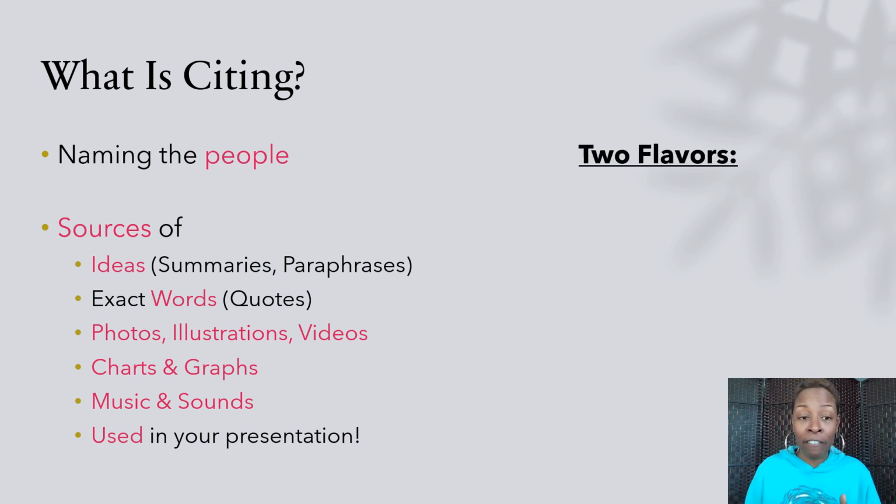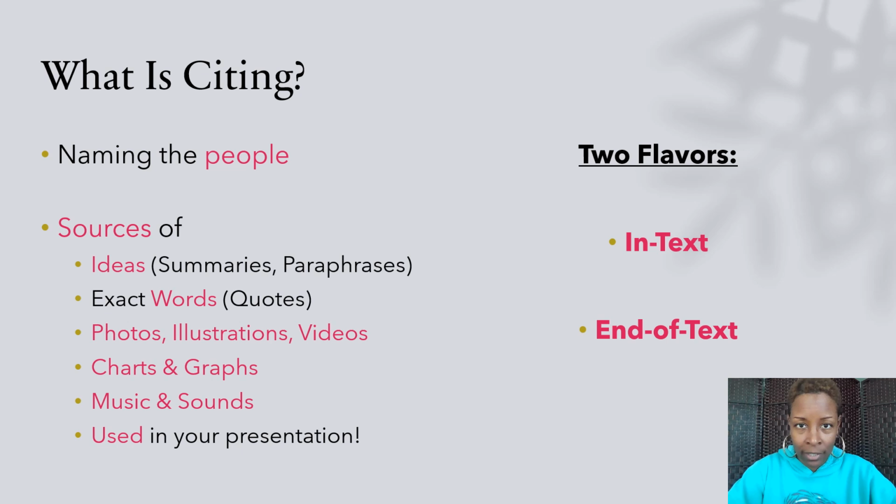So there's two flavors of citations. Most people know about the end of text citation. Most people know you need a list of your references or sources at the end. That's great, that's fine. We'll talk about what that's for a little bit later. Where most people mess up, and this is the more important part, especially for a video or a presentation, but also for a paper, they forget about the in-text citation.